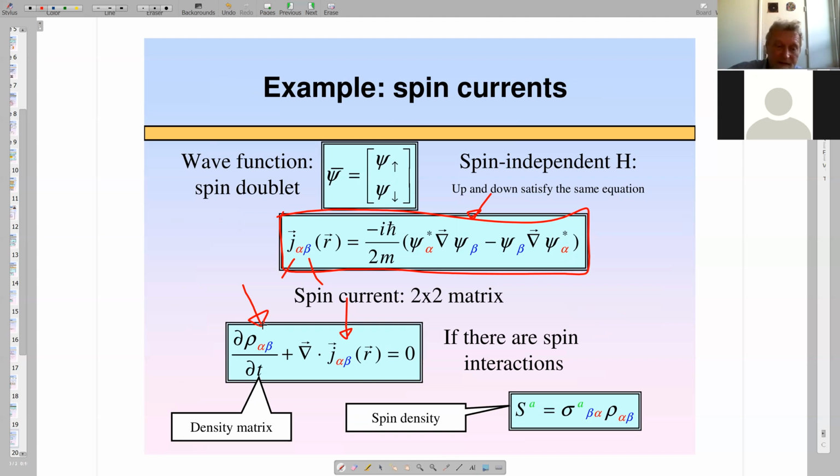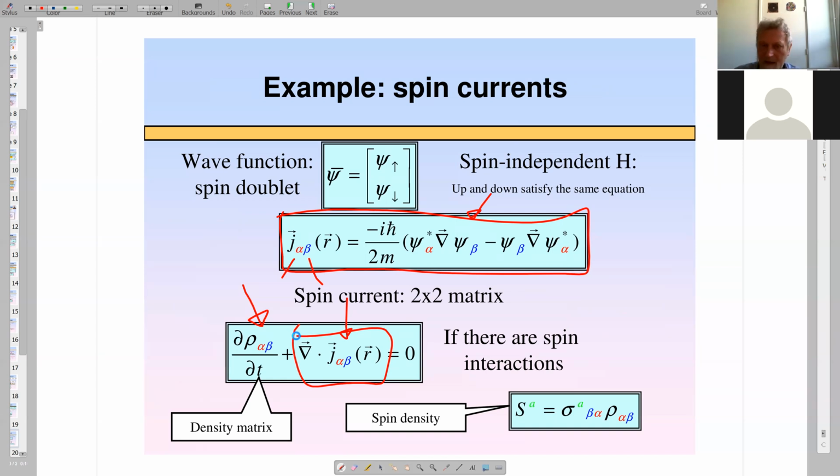This is divergence of this current. So in the absence of spin interactions, like spin orbit interactions, which are usually very weak, there is a conservation of spin currents. We will talk about this in a week. We will talk in more detail about spin currents. That's one example of conserving matrix currents.